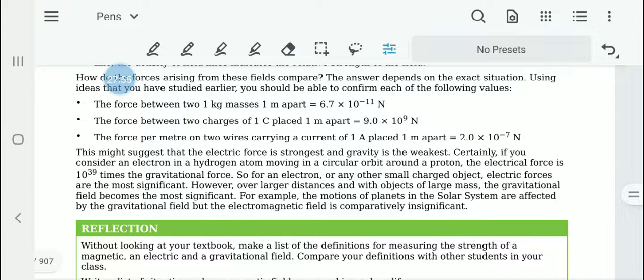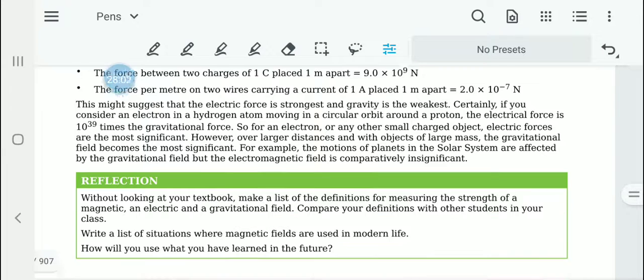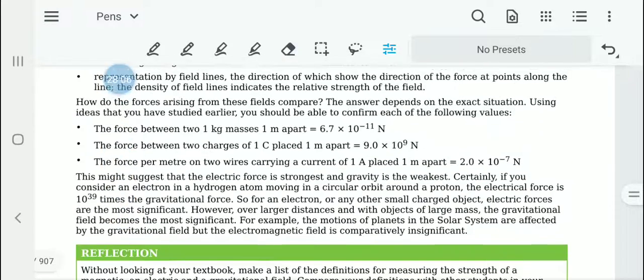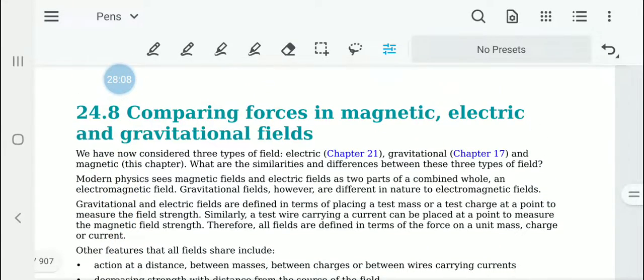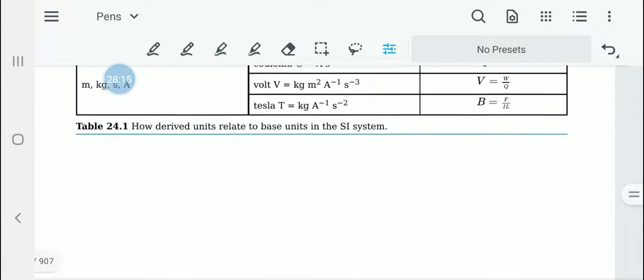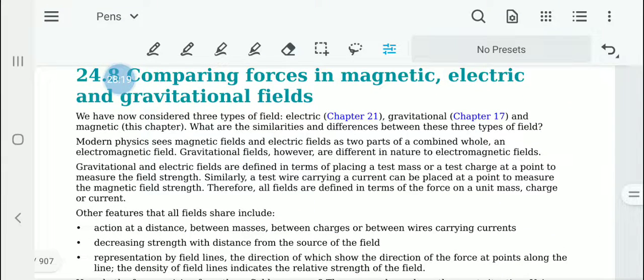So it is very high when things are quite close, but further apart they are not very high. So let's write a note on this first and then move on to the summary. Comparing forces, magnetic, electric and gravitational fields.